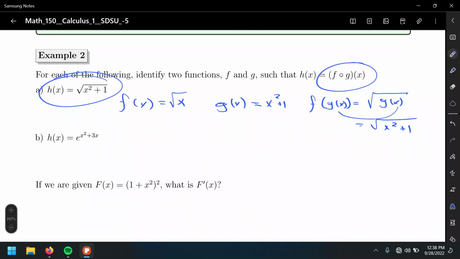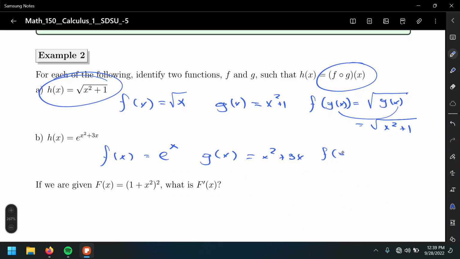e to the x squared plus 3x: f of x equals something, g of x equals something. Alright, what's the outermost function? In this case, we can look at the innermost function first, which is going to be the polynomial, because the polynomial x squared plus 3x gets evaluated in the function e to the x.